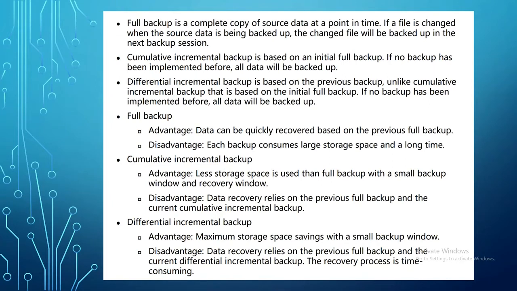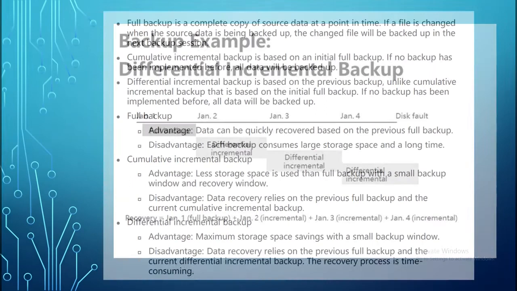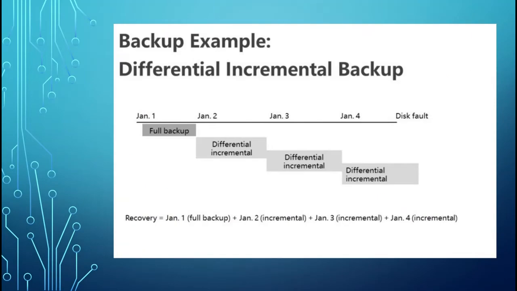So let's see in the examples what the differences are. For example, this is differential incremental backup. On January 1st, I have a full backup, and January 2, I have differential incremental, Jan 3, differential incremental, Jan 4, differential incremental backup, and then I have a fault. So what will be the procedure to restore the complete backup?